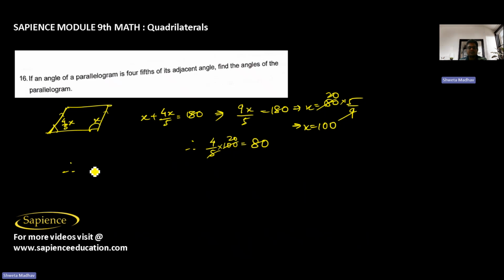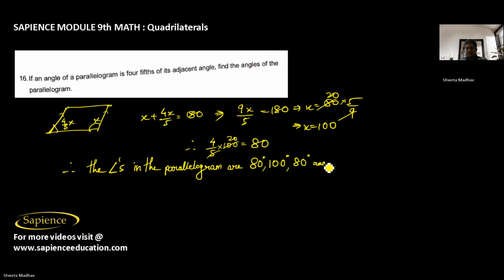So the angles in the parallelogram are 80 degrees, 100 degrees, 80 degrees and 100 degrees respectively.